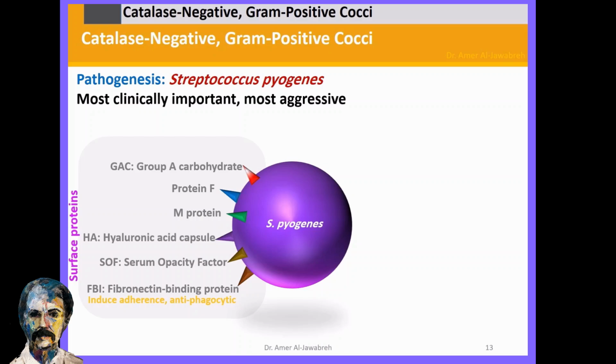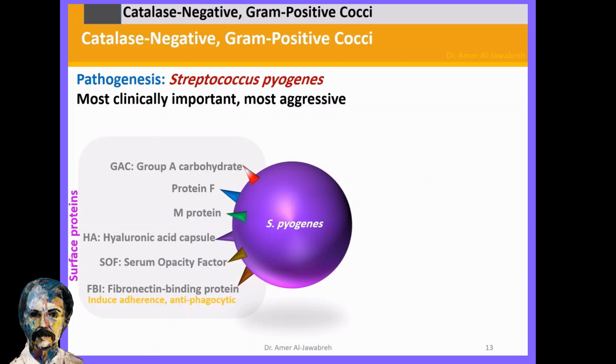So it's not strange to find two or three proteins here on the surface doing the same thing. Promote adherence, anti-phagocytic. And then we have LTA, lipoteichoic acid, which forms biofilm. Lipoteichoic acid is also commonly studied, like M protein, these two. Forming biofilm.